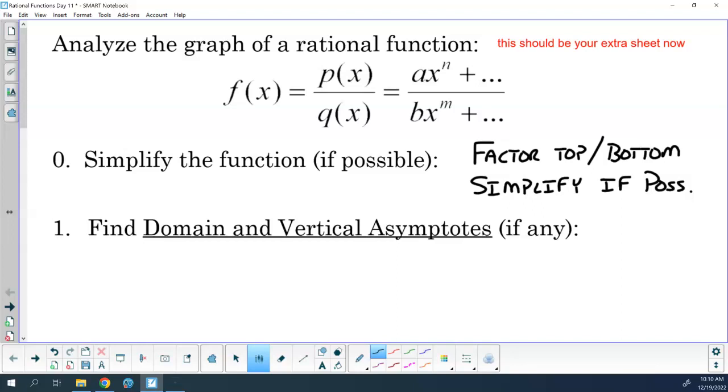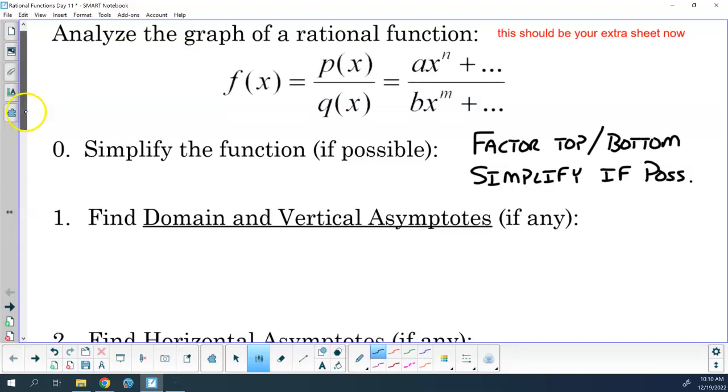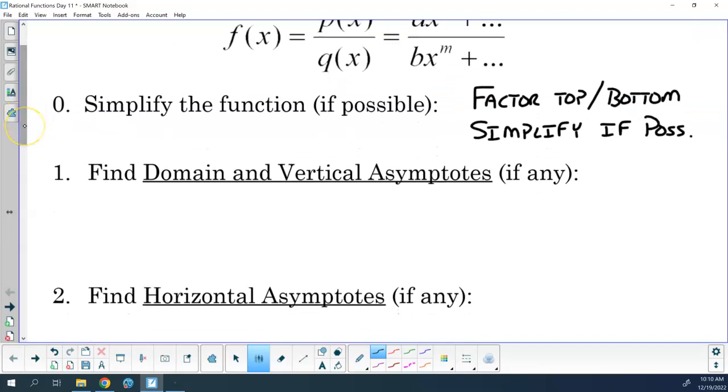Step number 1 then says, find the domain and vertical asymptotes. Domain, we'll take those in 2 separate parts here. Domain uses what? Which part of the original equation?